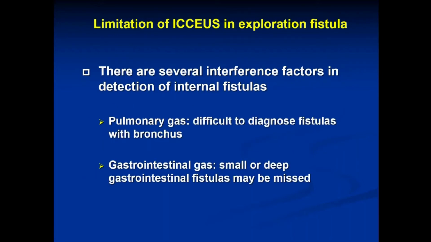However, there are several interference factors in detection of internal fistulas, such as biliary gas, which makes the diagnosis of fistula with bronchus very difficult, and other interference factors like gastrointestinal gas. So some small or deeply located gastrointestinal fistulas may not be seen by ICCEUS.